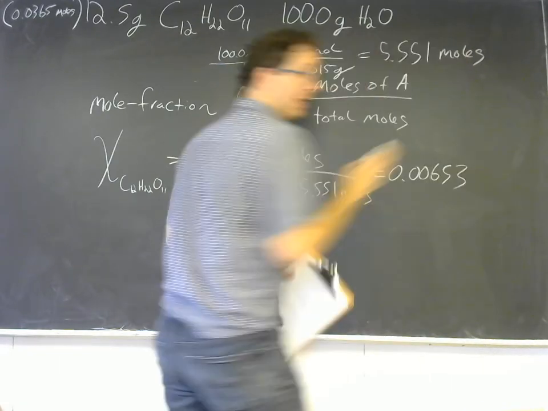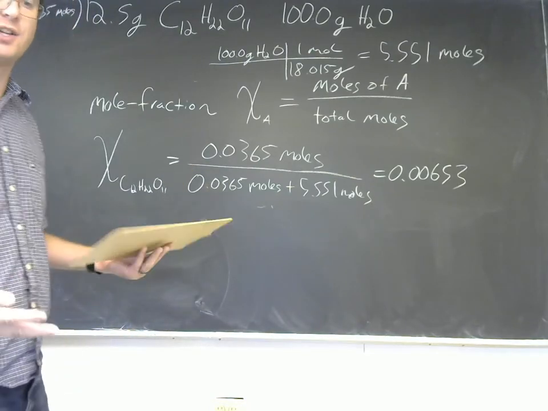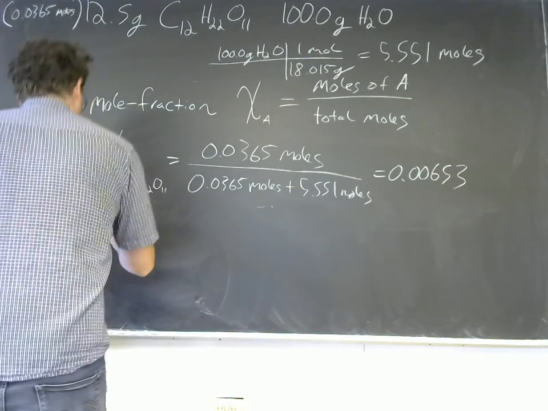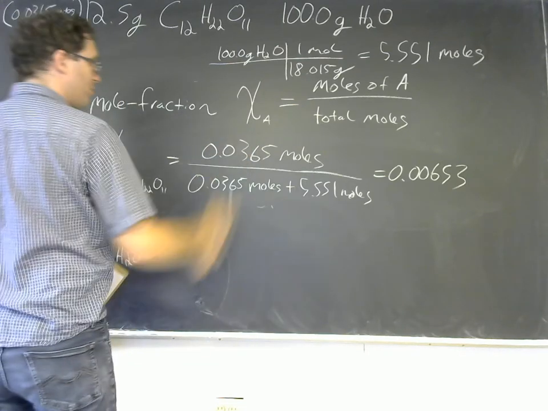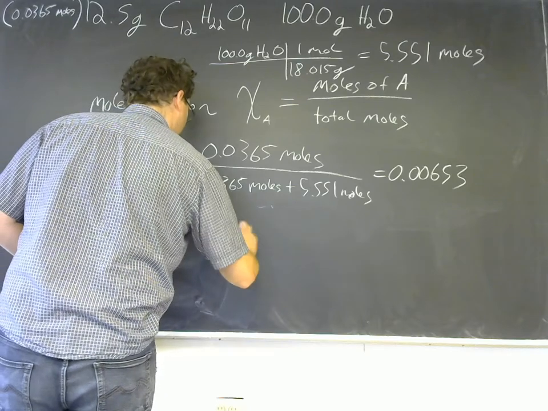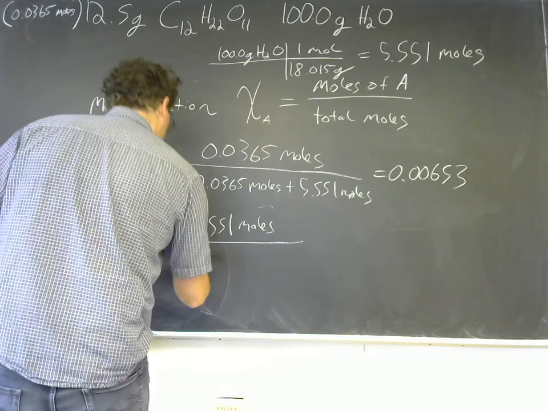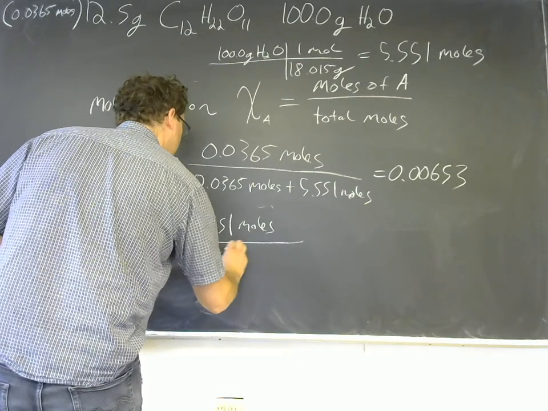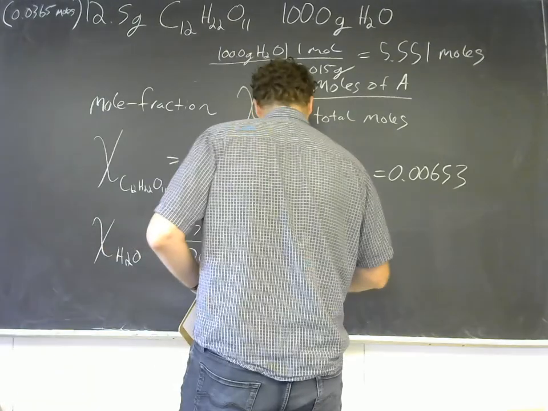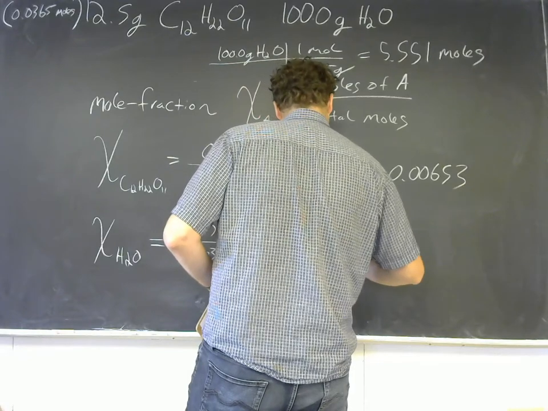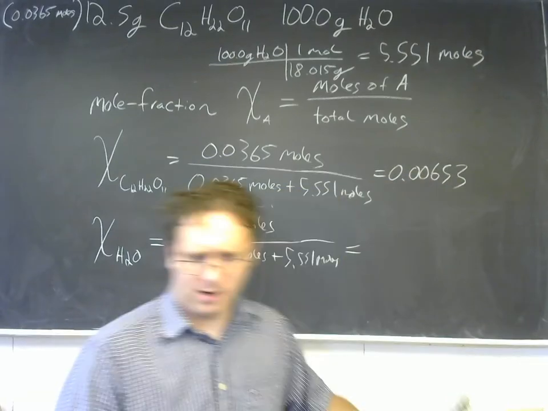And it is unitless. Now the cool thing about mole fraction is that we can also talk about the mole fraction of the solvent. So we can calculate chi for water. And that's just going to be the moles of water, 5.551 moles, over that same denominator, the total moles, 0.0365 moles plus 5.551 moles. What is the mole fraction of water here?